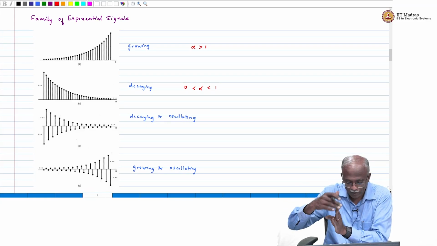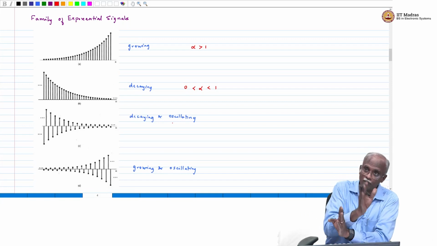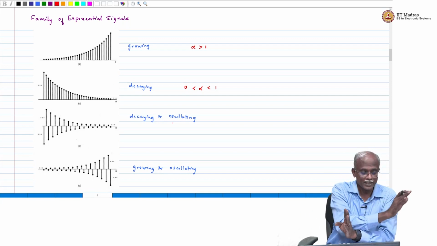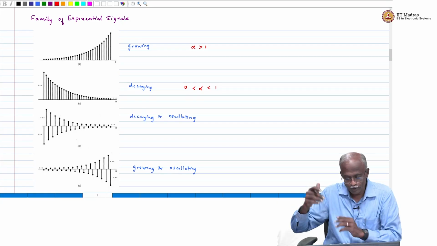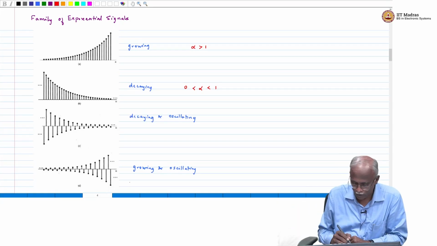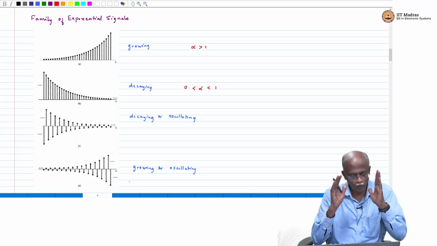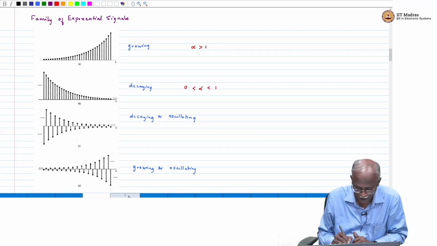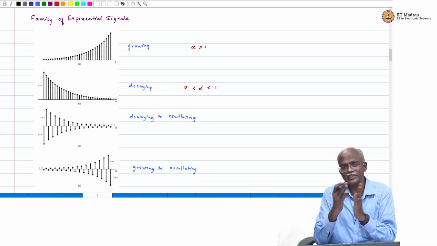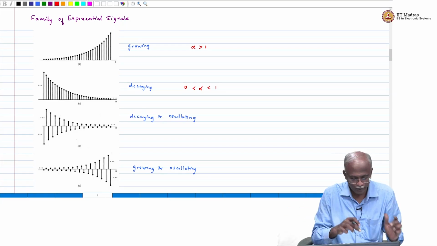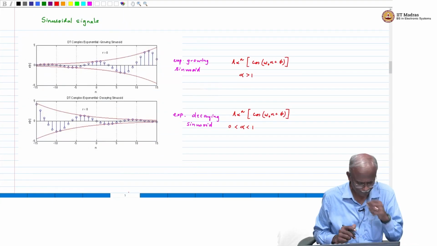And if you have an alpha which is between -1 and minus infinity, then you will see that there will be an oscillating exponential which will keep growing. So basically this is just to understand the behavior of the exponential functions. And of course, we are interested in the decaying exponential. We will see that there are many scenarios where we will be interested in the decaying exponential.